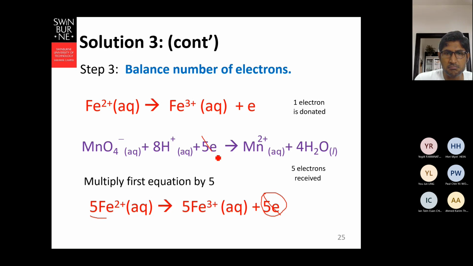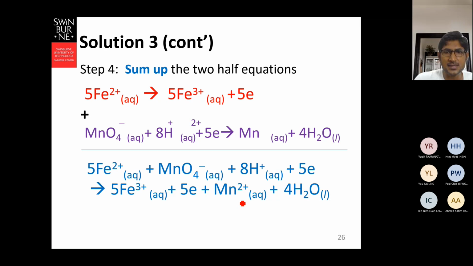This is cancelled out on both sides, and the rest is here. So 5 iron and manganese oxide, 8 hydrogen and 5 electrons on the left, and then 5 iron is produced, 5 electrons is produced.